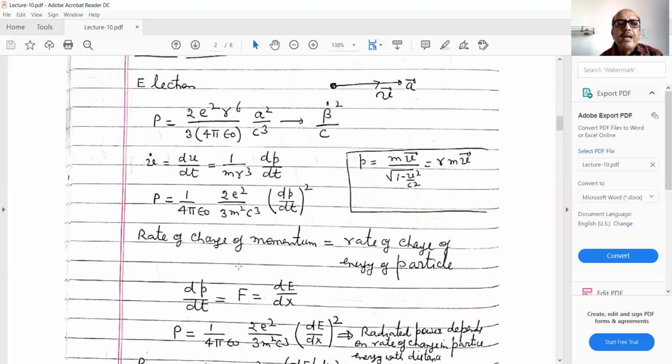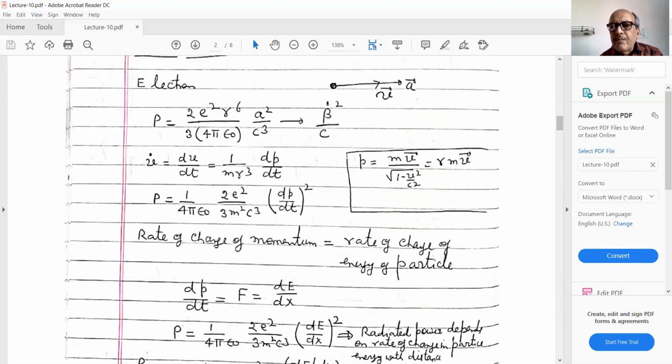Similarly, if you recall the work energy theorem, work done is nothing but the change in the energy of a particle. So the rate of change of energy of a particle with distance is also F. So the first term and the second term together is Newton's second law of motion, and the second term and the third term together is the work energy theorem. So we can replace dp over dt as dE over dx.